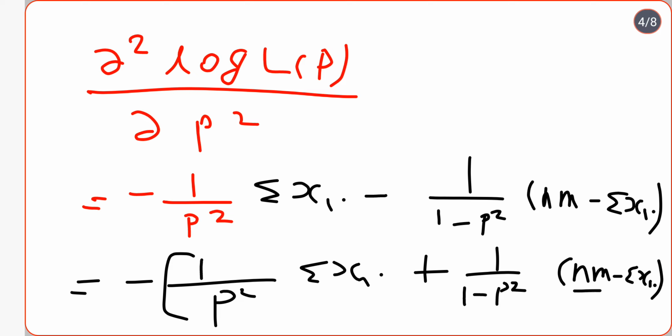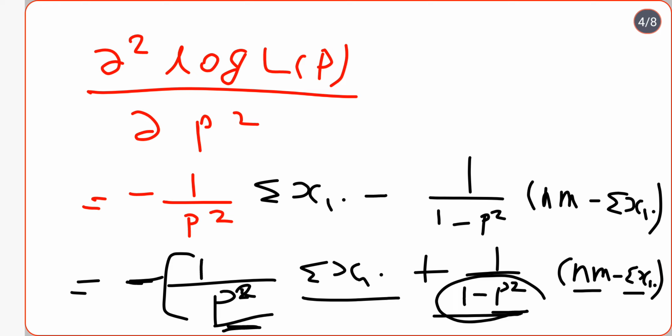This part is positive, this part is positive, p square is positive, and p is less than 1, so this part is positive, and it is also squared, so it is positive. The entire part within the bracket is positive, but it is assigned a negative sign. That means the entire term has become less than 0, or negative.